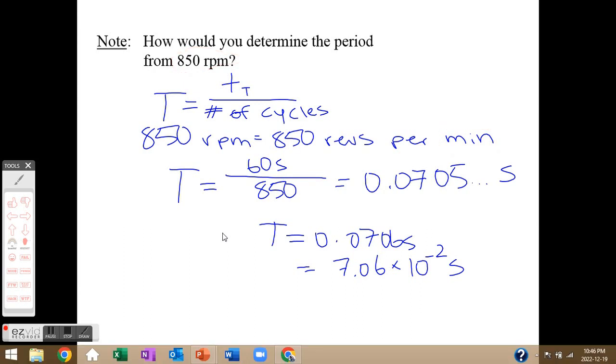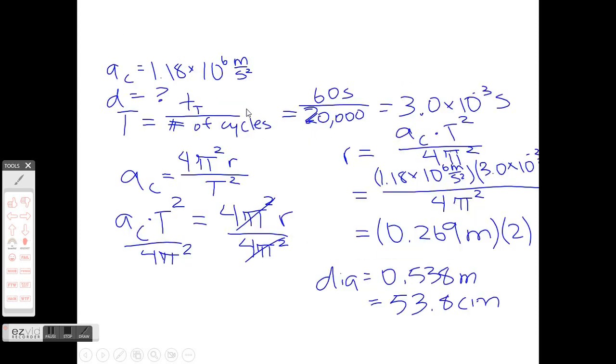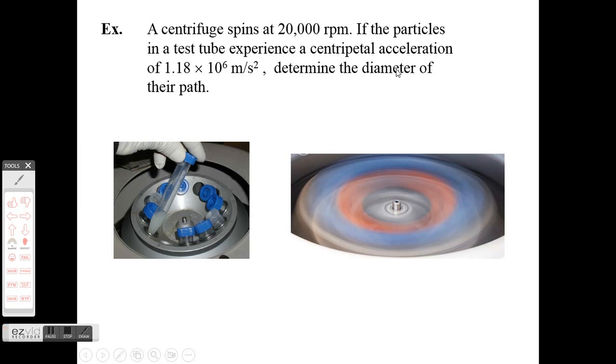Another one here. A centrifuge spins at 20,000 RPM. If the particles in a test tube experience a centripetal acceleration of 1.18 times 10 to the 6 meters per second squared, determine the diameter of their path. Right, so a couple things here. First of all, we want diameter, not radius, so we're going to solve eventually for radius, but then multiply by 2 to get diameter.